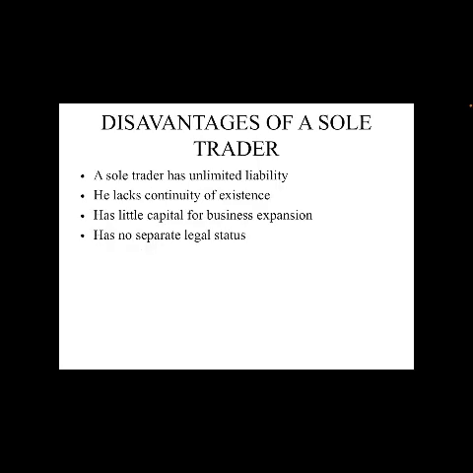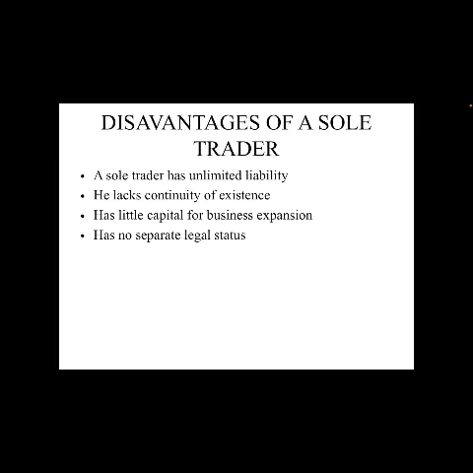It has unlimited liability. When you talk about unlimited liability, this is where a person is in a situation where they have financial difficulties and hence they end up selling personal properties in order to raise money to settle the debts of the business, right?